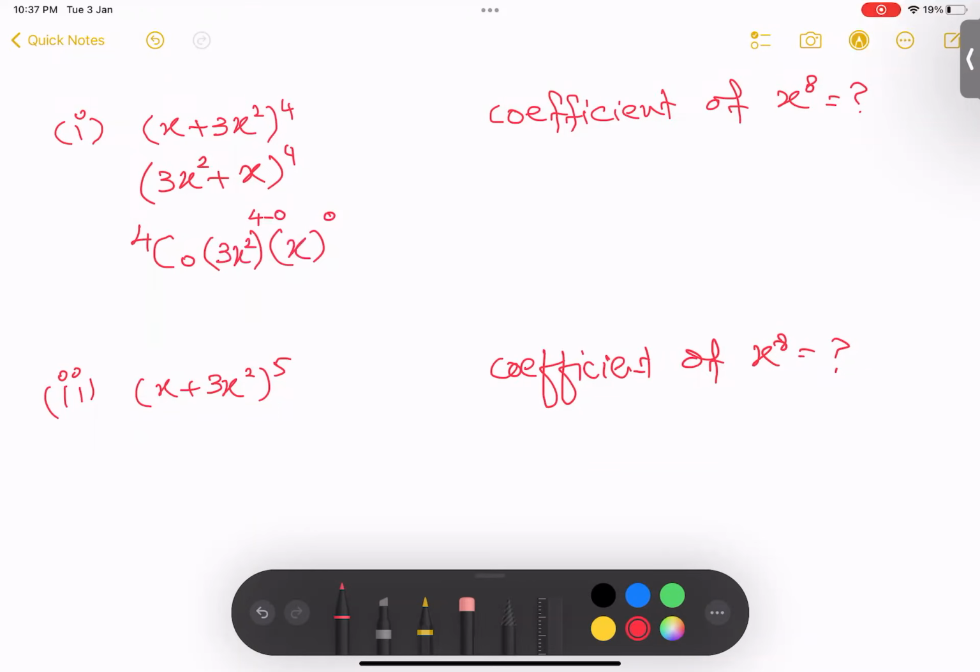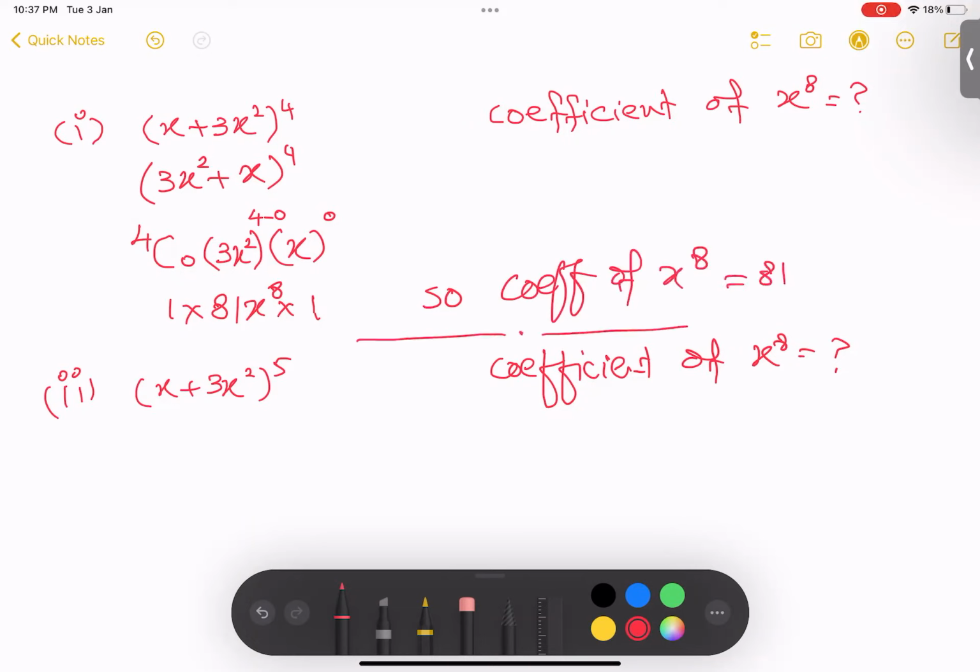So now see, 4C0 is 1, something to power 0 is 1, 3 to power 4 is 81, and 4 twos are 8, x to power 8. So I can say that the coefficient of x to power 8 is equal to 81.